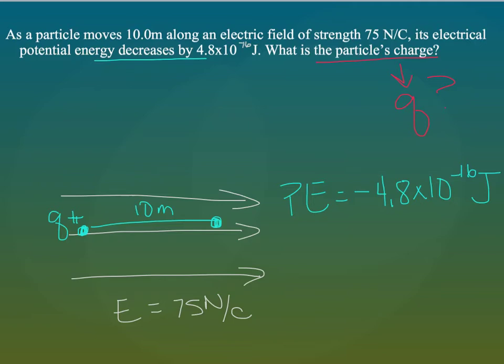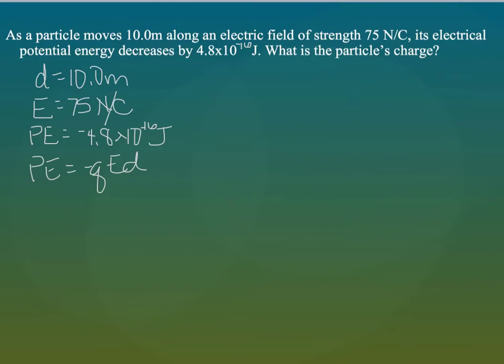That's all the information we need to pick out. We identified that we want Q, we know PE, we know E, and we know the distance. On this next slide it's written out so we can plug things in and solve. We've got PE equals negative QED.